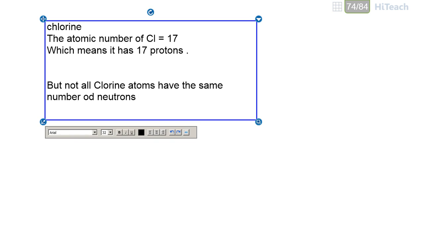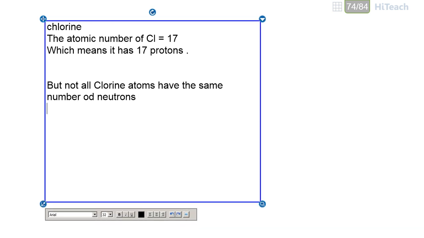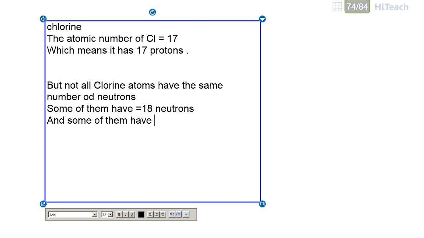Some of them, chlorine atoms, have like 18, let's say, 18 neutrons. And some of them have 20 neutrons.